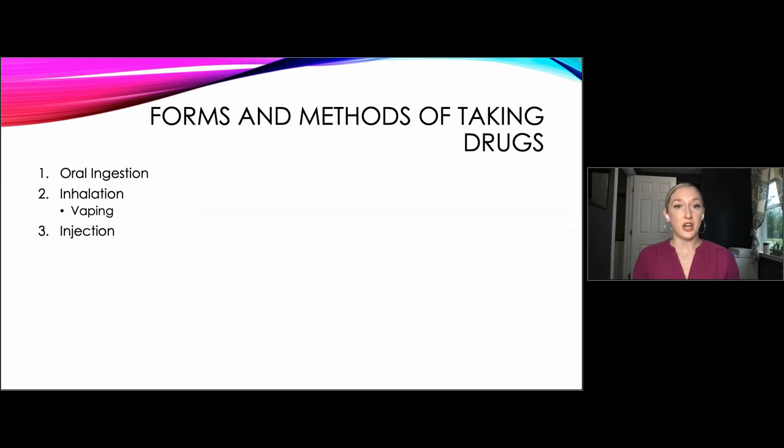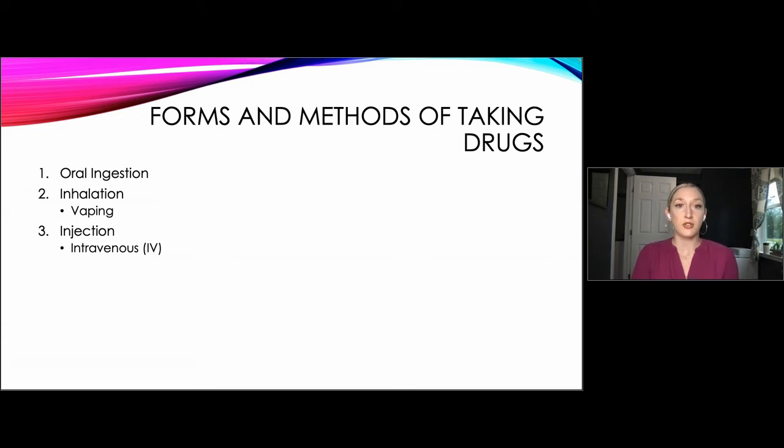We then have injection. The advantage of injection is the speed of action, and less of the drug is needed. Unfortunately, when you use drugs intravenously for extended periods of time, it injures the vein and will scar where you put the needle in.